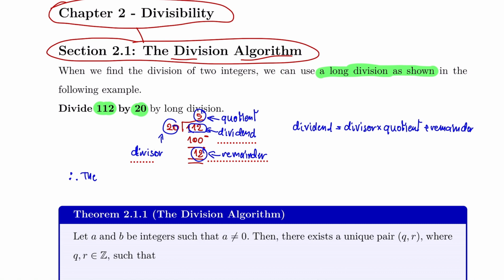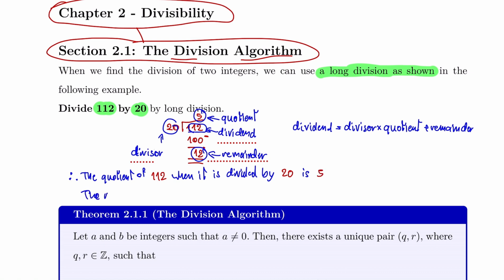Okay? So, in conclusion, the quotient of 112 when it is divided by 20 is 5.